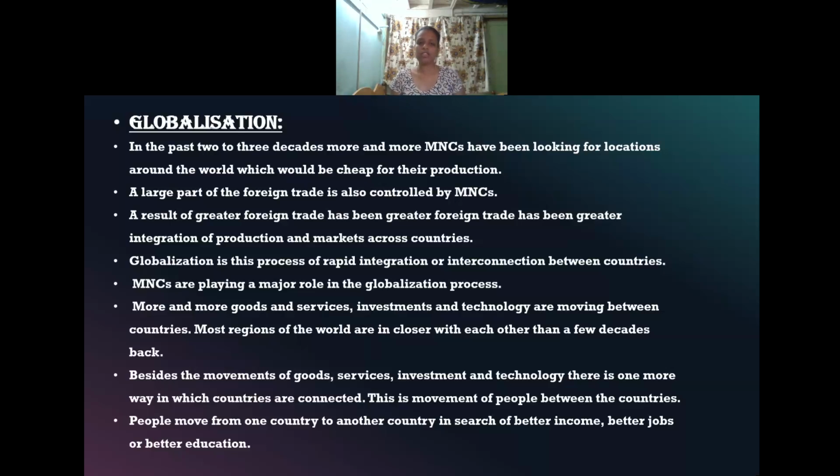In this way, nowadays all the regions of the countries are in close contact with each other.